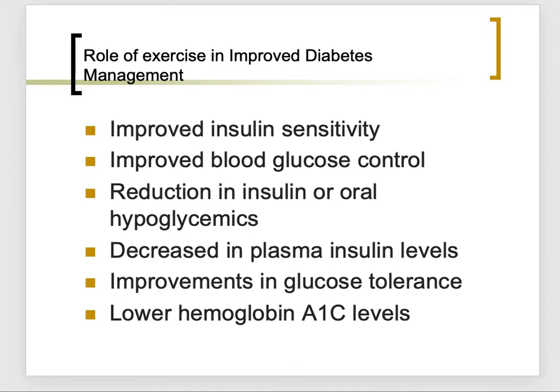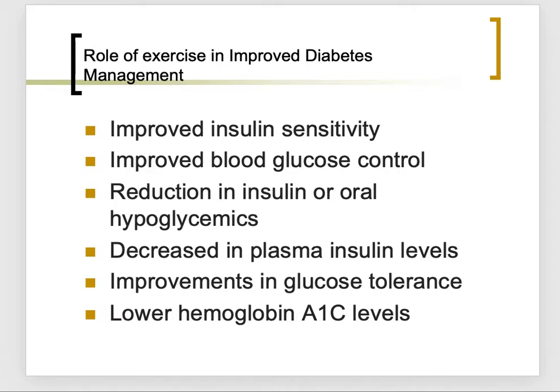Okay, improved insulin sensitivity happens with exercise. Why am I spending so many minutes in this lecture this week? Because exercise is simply the gold standard treatment for diabetes. The problem is most of the nation that has diabetes is not moving. The more you move, the more insulin sensitivity is going to improve.